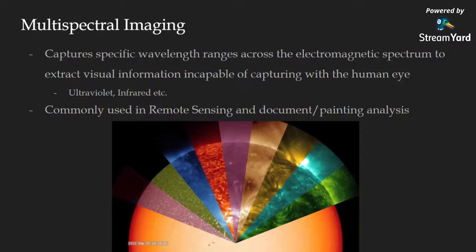So as humans can see the RGB, when you apply filters with ultraviolet or infrared or X-ray and combine these filters into a photograph, you're able to capture more information. So this is commonly used in the fields of archaeology and cultural heritage, specifically in remote sensing and in document or painting analysis.